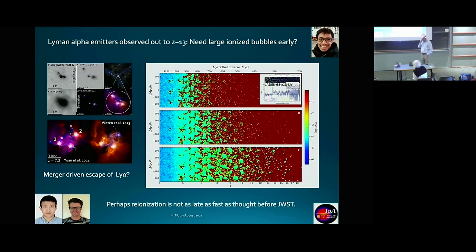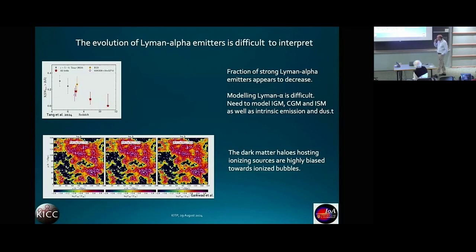And we had heard nice talks, one from Harley, for example, where we see that now these very high resolution simulations get to the stage where they can actually realistically model the Lyman-alpha radiative transfer in these galaxies at high redshift. When you want to now think about what kind of bubbles you need for the Lyman-alpha emission to be able to come all the way to the observer, you have to keep in mind, and this is a point that Nick Nadin impressed on me at a meeting that Benedetta organized, probably 10 years ago now, one of these MIAB meetings, that these sources are actually very, very highly biased.